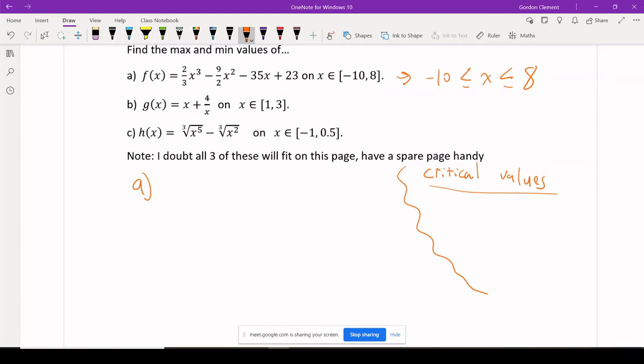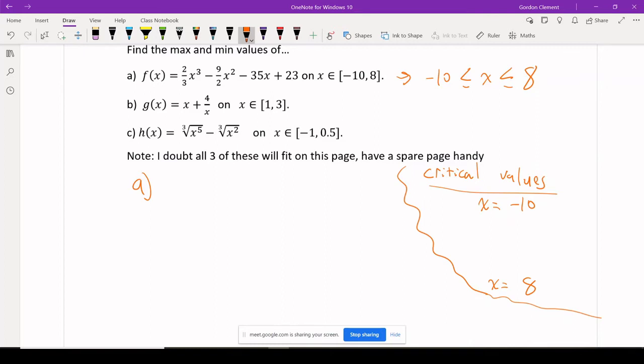So can you look at that question and tell me some critical values? X equals -10, x equals 8. The two endpoints are critical values. So those are potentially where the max and min are. So later on, we're going to have to test and see, is that the max or min? We're going to have to plug these into the function at the end.